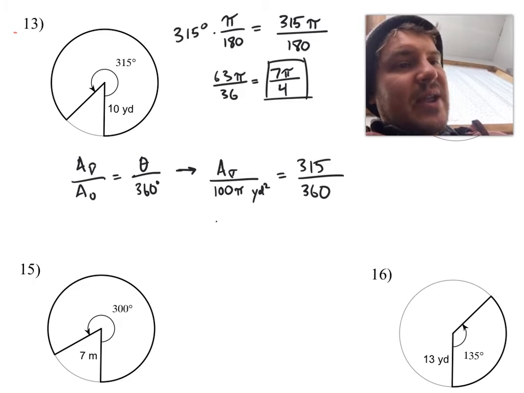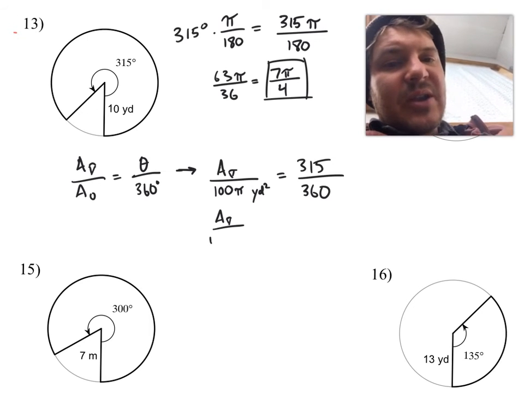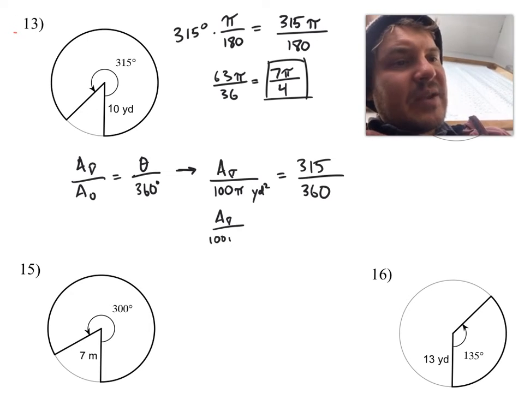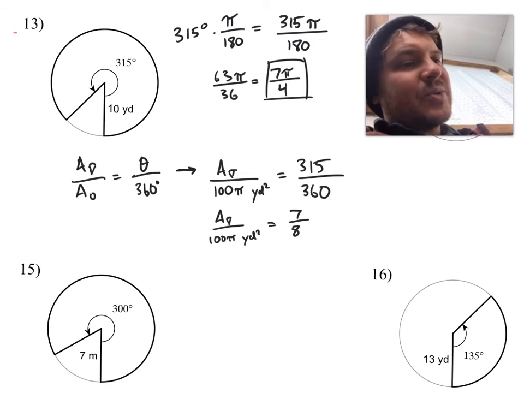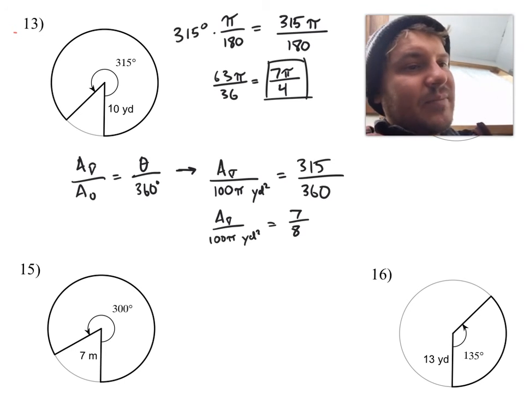So I've got area of the sector equals 100 pi square yards, and that's equal to the ratio of 7 to 8.